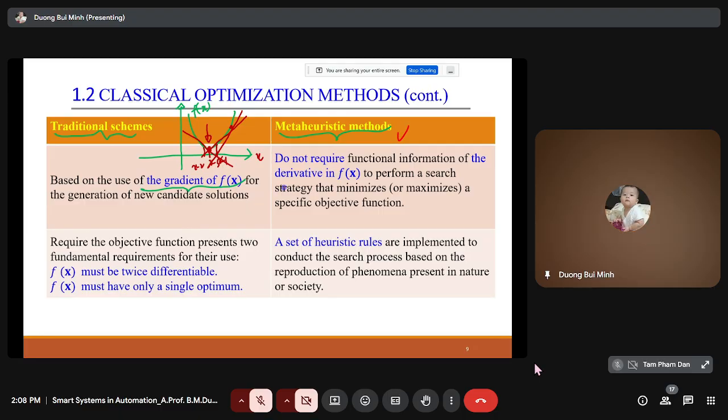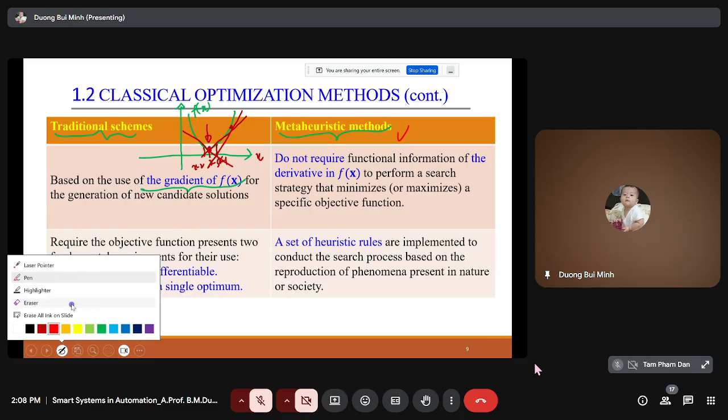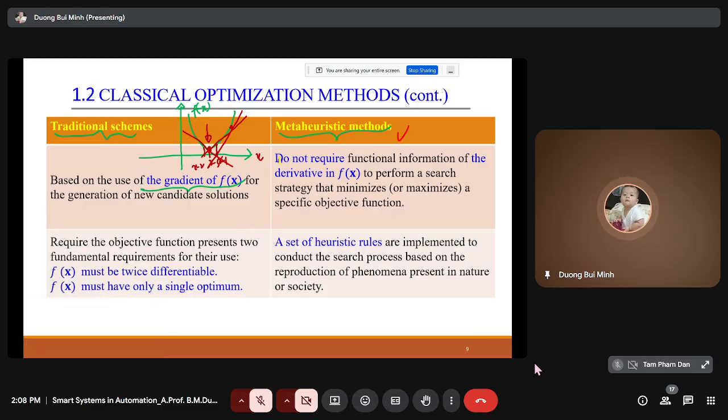Now, if we use metaheuristics, we don't require the functional information of the derivative of f(x). That means we don't need to use the gradient of f(x). Gradient means derivative.